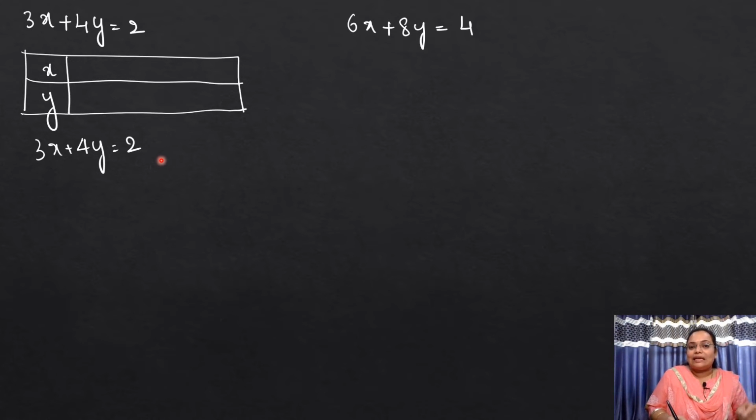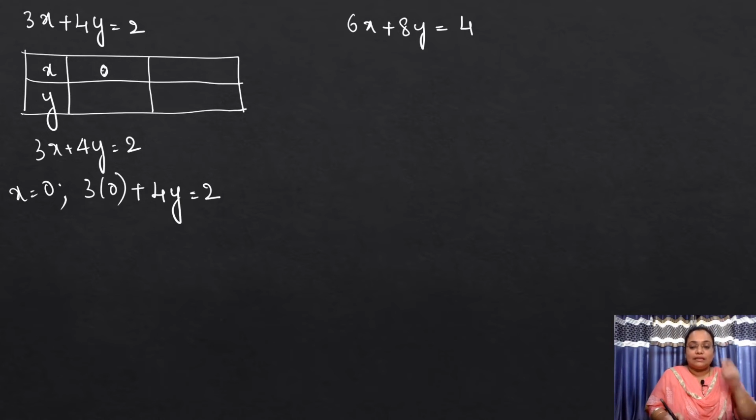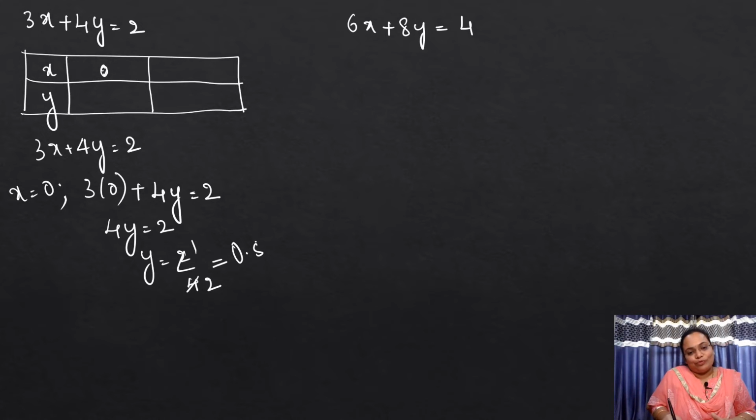So if you get 1.1 or 2.1 or 3.7, okay, try to avoid those points and try to take a whole number. If x is equal to 0, this will be 3 of 0 plus 4y is equal to 2, which is 4y is equal to 2. Y is equal to 2 by 4, which is 1 by 2, 0.5.